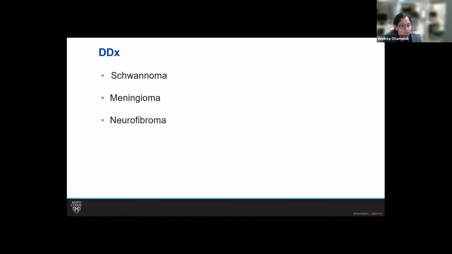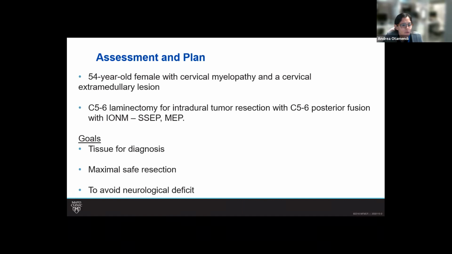Due to the characteristics that Dr. Akinduro mentioned, the tumor was very eccentric to the left, and the safest approach was to resect the tumor more laterally, removing part of the facet joint, since the spinal cord was apparently trapped over the tumor itself.